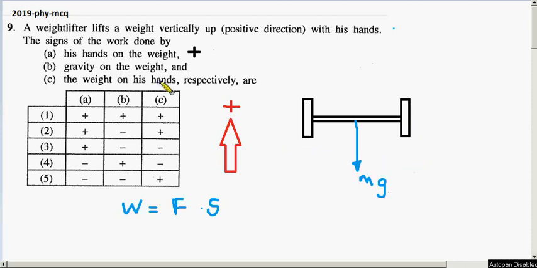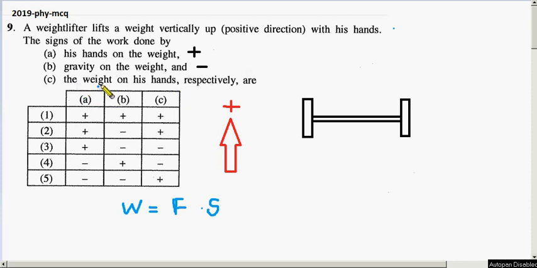No, because in the question they say the weightlifter lifts, that means it moves this way. So the sign of displacement is positive, the sign of force is negative. So negative times positive, the resultant is negative. So therefore this one is negative. So that part also is finished.